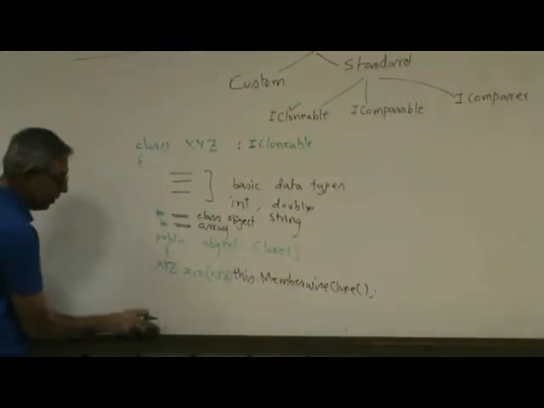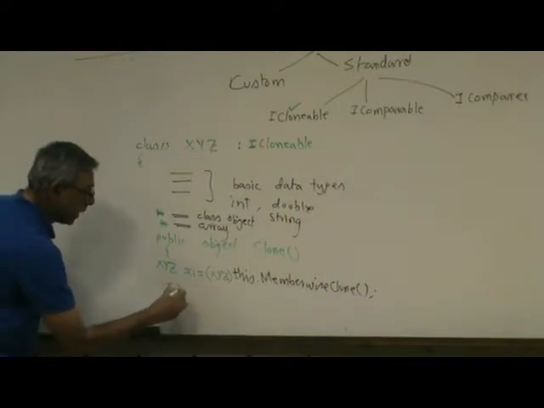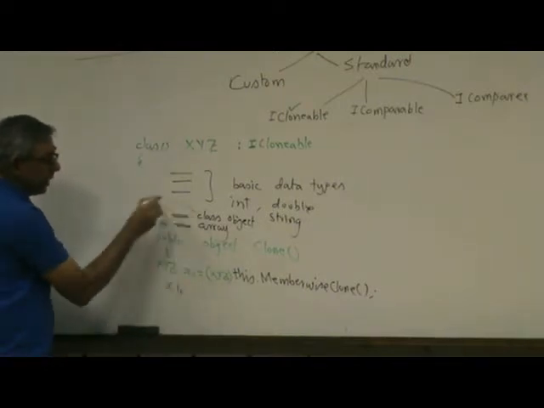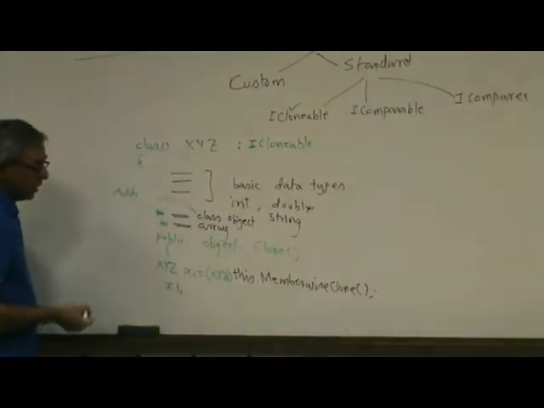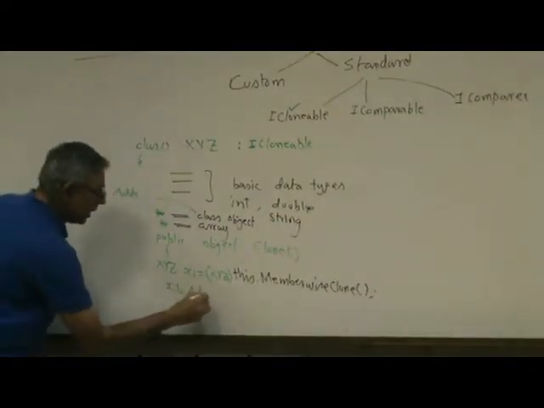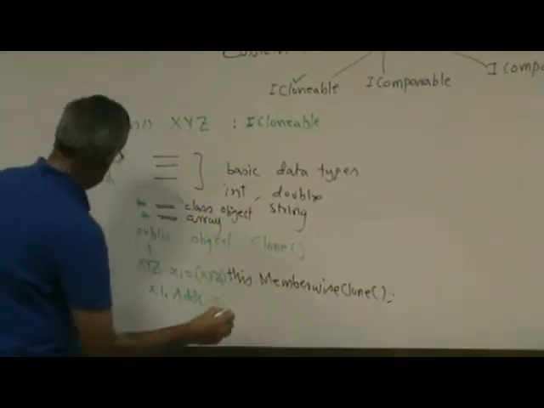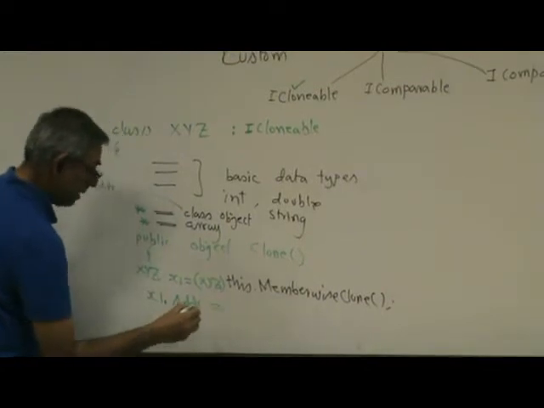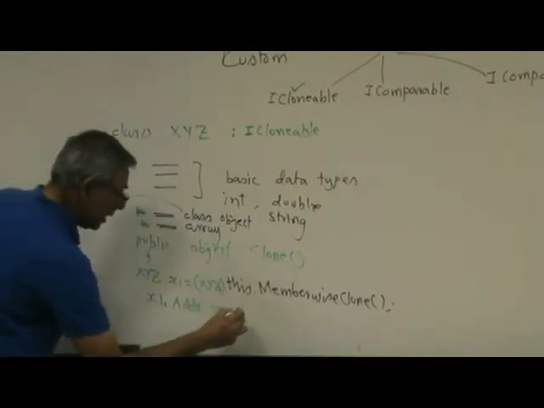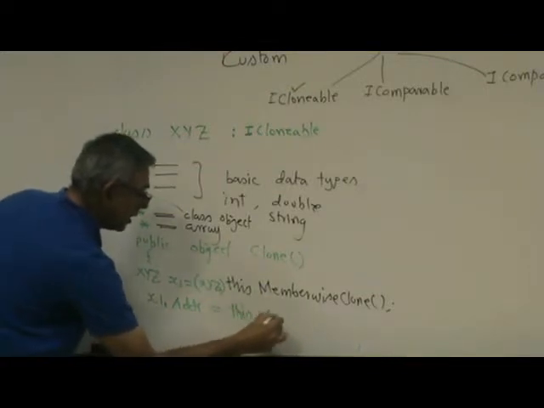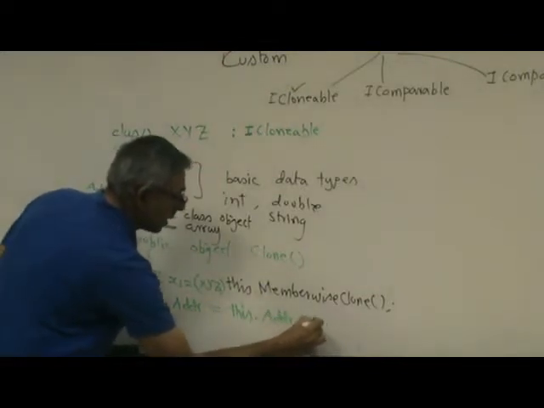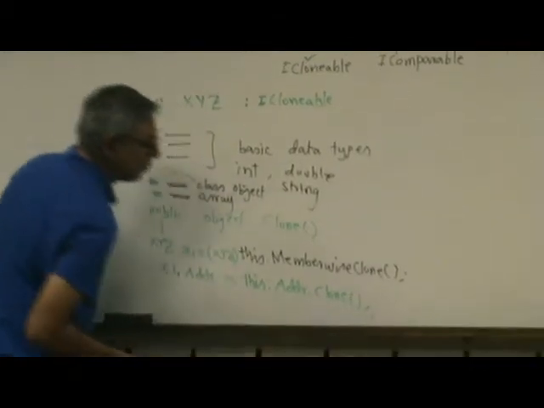Then what do we have to do? Then you have to go one by one. Suppose this field is called address or ADDR, right? So you will say x1.addr equal to this.addr.Clone.